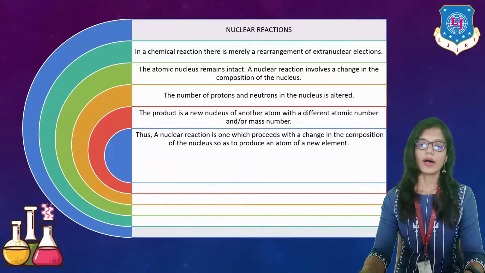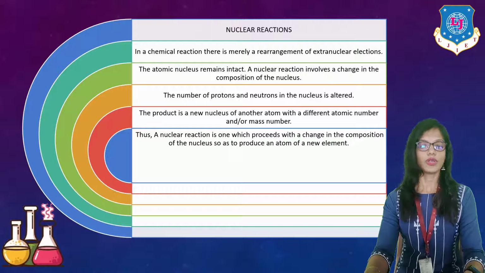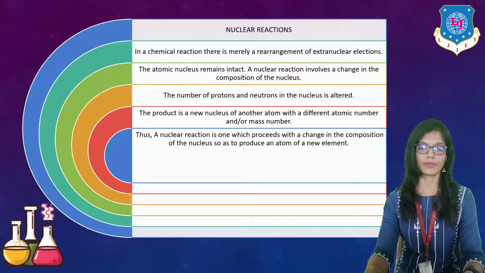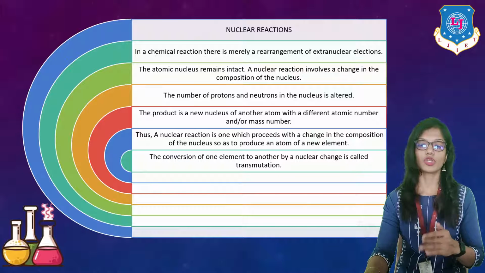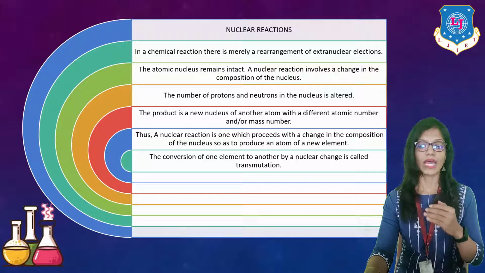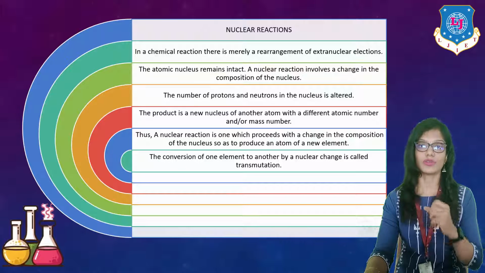Thus, a nuclear reaction is one which proceeds with the change in composition of the nucleus so as to produce an atom of a new element. Right? The conversion of one element to another by nuclear change is called transmutation.